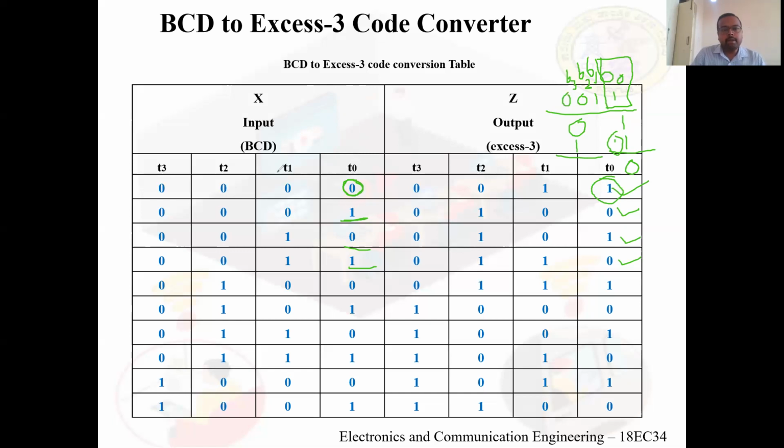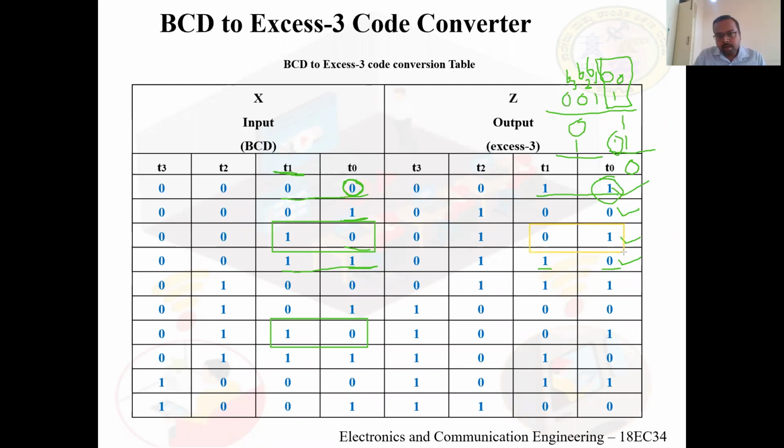Now similarly at time T1, just by looking at this, we know that when it is 0, 0, you get it as 1, 1. Now when it is 1, 1, it is nothing but equal to 1, 0 here. Just by looking at this diagram, you see 0, 1, 1, 0. So what output do we have in here?